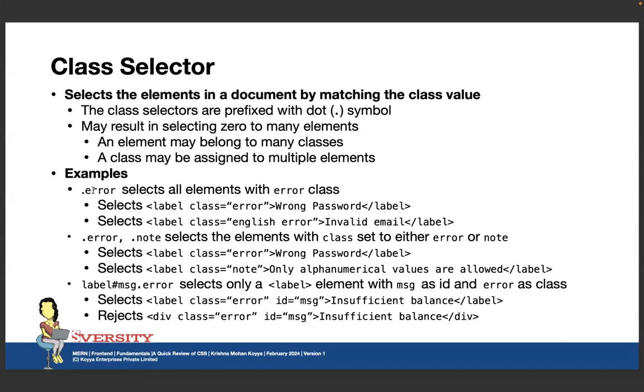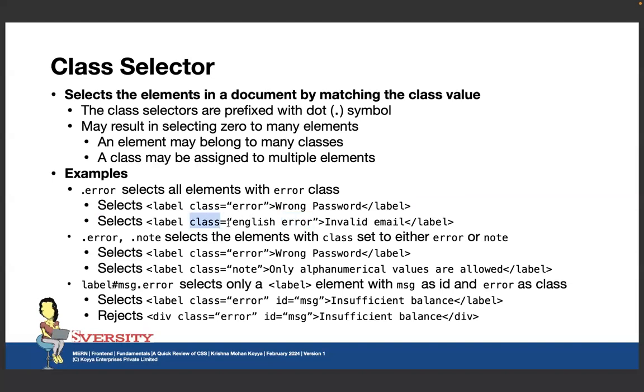Let us see this. Let's say the selector is .error. If the selector is only .error, then what happens? Because this label has a class attribute with value error, it gets selected. Because this label also has a class attribute in which error is one of its values, it also gets selected.